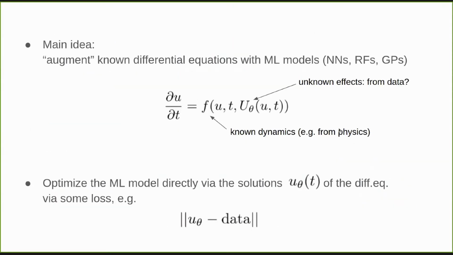This would be the known dynamics, which come from first principles, but there are also some unknown effects that you want to learn in a data-driven way, where data can be either numerical simulations, as we've had it here, or in fact even actual observations, I claim.